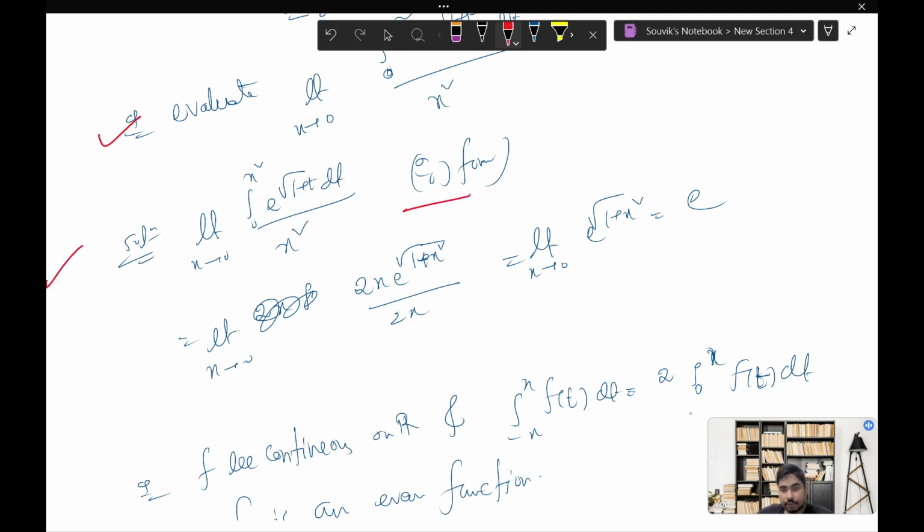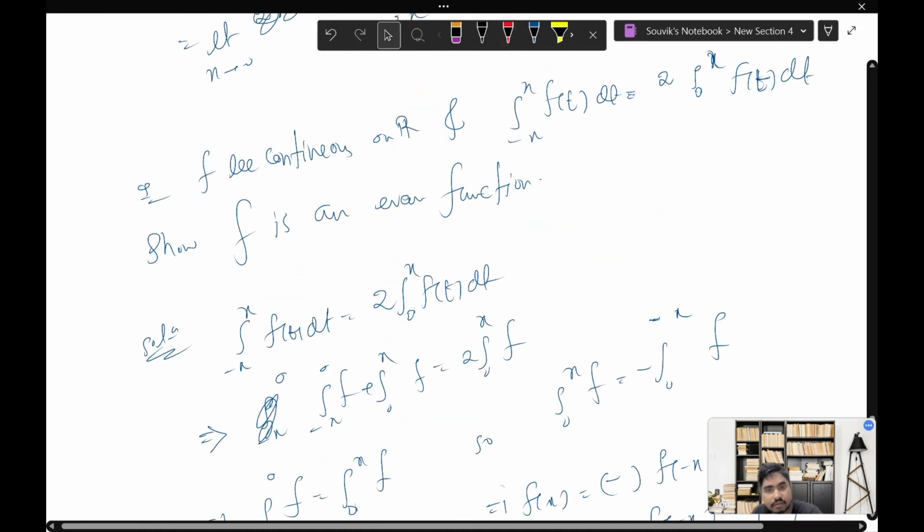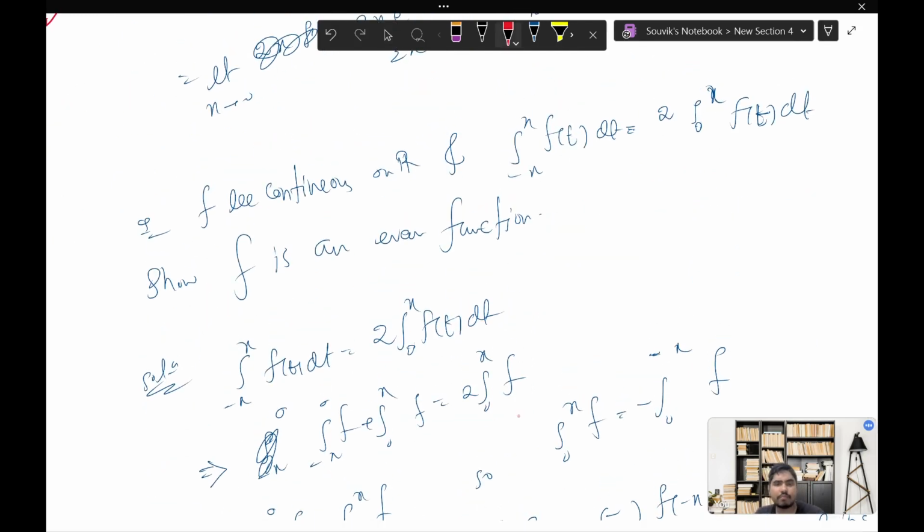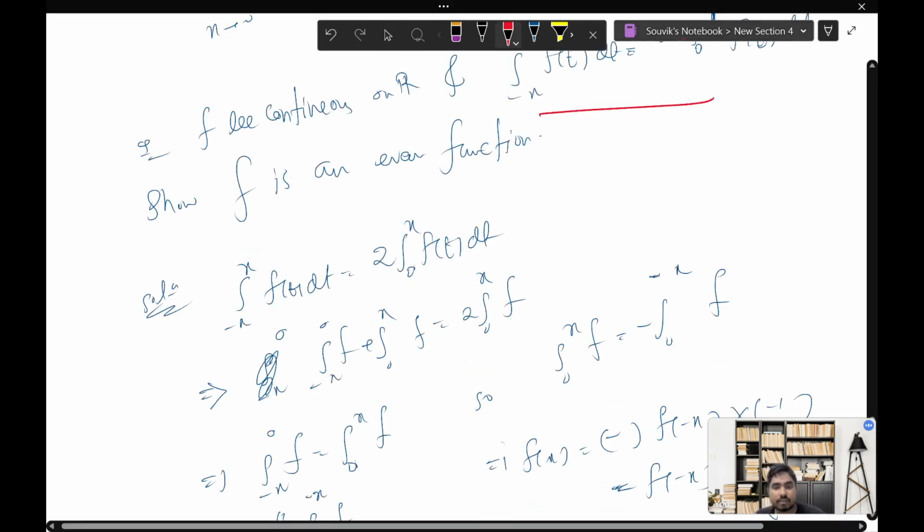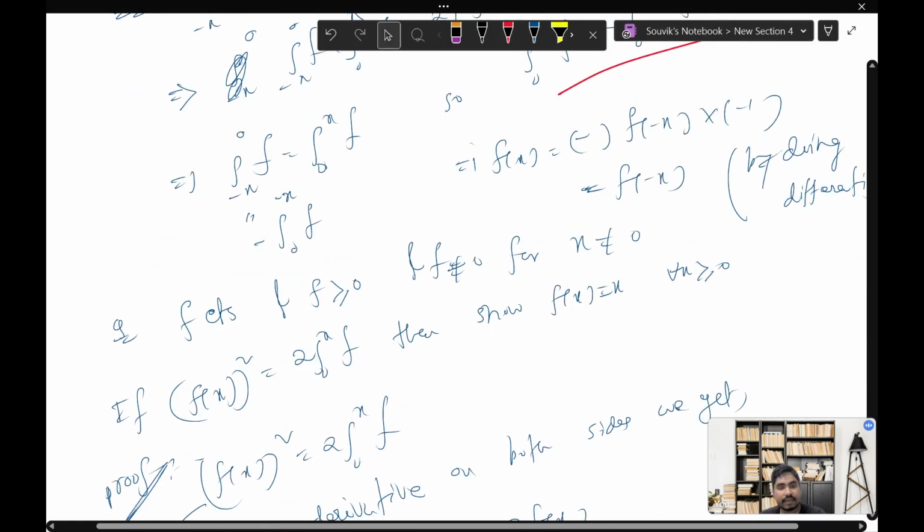The first one is a 0 by 0 form, so we took the derivative. And then the next problem is almost the same, but it's a bit tricky. After this condition, we finally get this derivative, f of x and f of minus x.